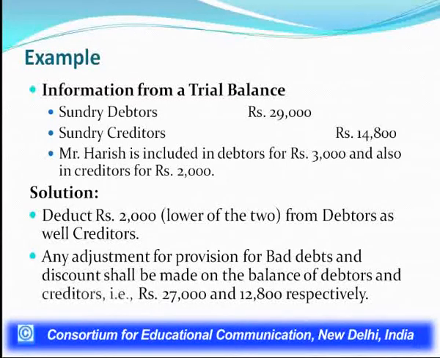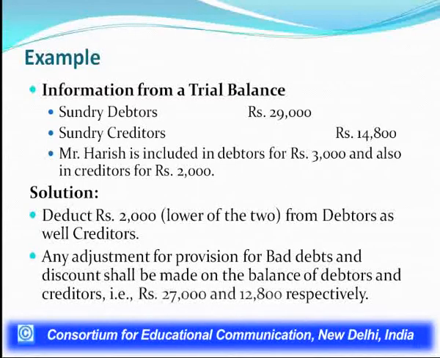As a creditor, his account of rupees 2,000 shall be closed by transferring to his debtor account. So deduct rupees 2,000, the lower of the two, from the debtors as well as from the creditors. In the balance sheet, the debtors balance will be 27,000 and creditors balance will be 12,800, and any adjustments relating to provision for bad debt shall be made on 27,000 of debtors.